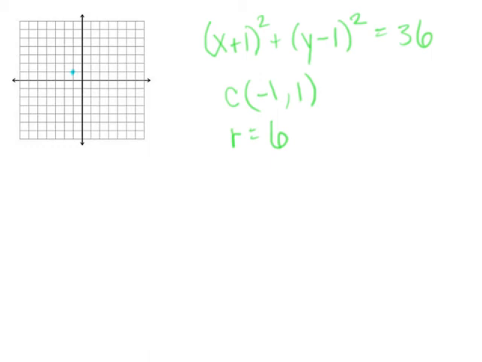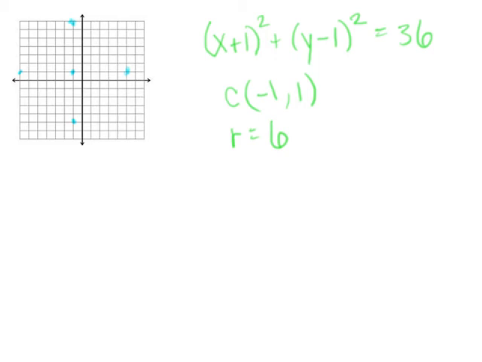So 1, 2, 3, 4, 5, 6. There goes one point on the circle. Counting 6 again, there's another point, and another, and the fourth one.